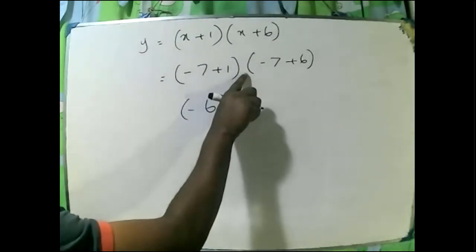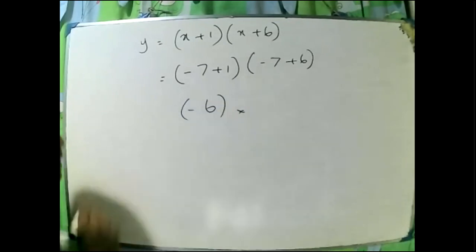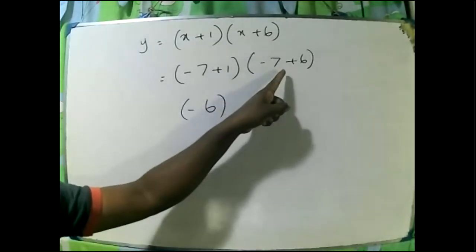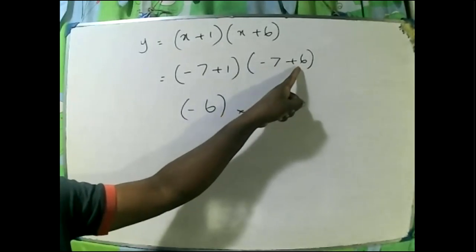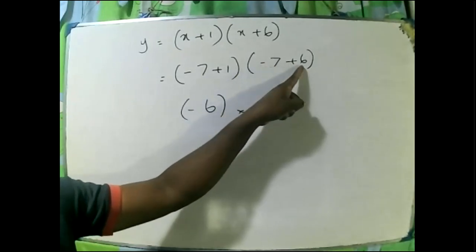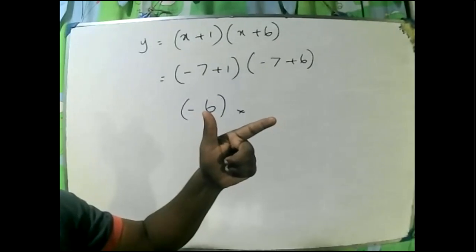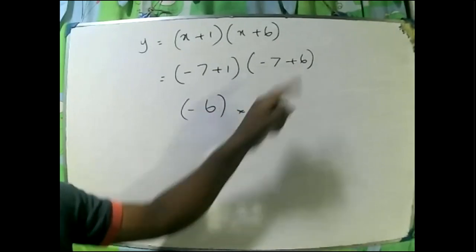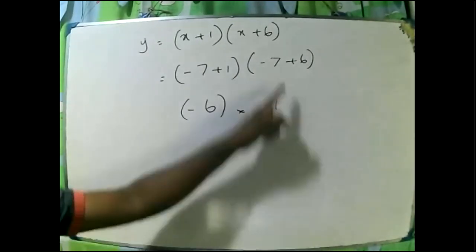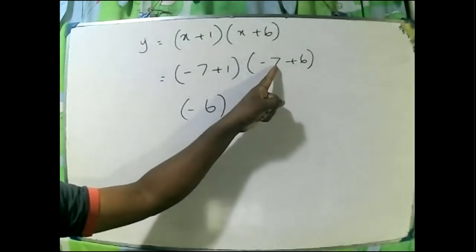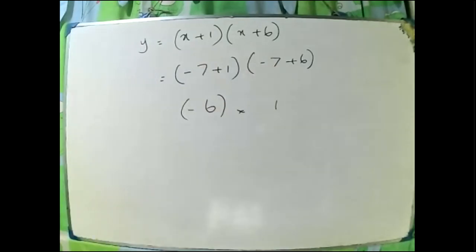So in between is the multiplication, right? Then you can find the value of this one. See, negative 7 plus 6. This is negative, this is positive. Again subtract, right? 7 minus 6, you get 1. The sign of the greater number, 7, is negative.